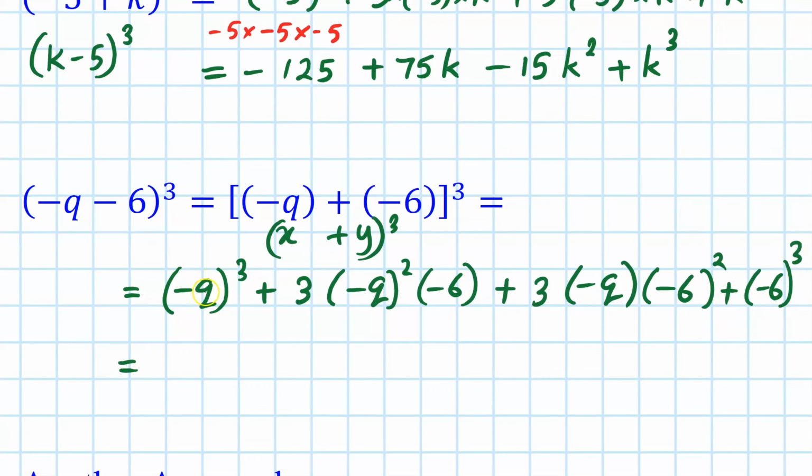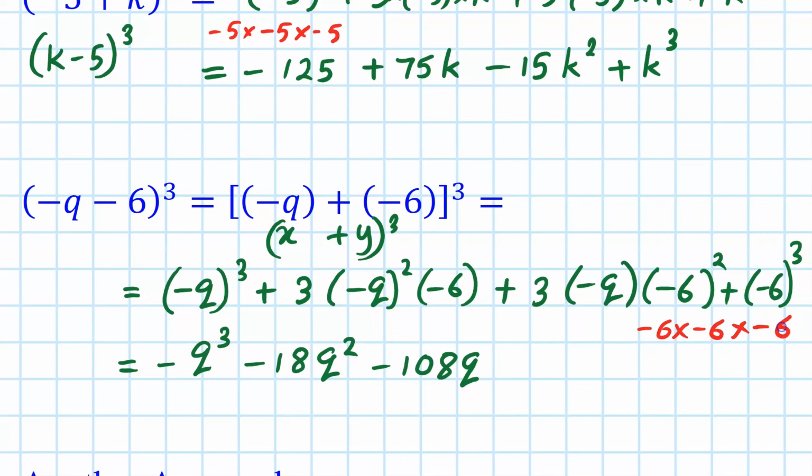Now we are going to look at the answer. Negative q, when it is cubed, the answer becomes negative, then -q cubed. (-q) squared is positive q squared, but -6 times 3, -18q squared, and here we have (-6) squared, which is 36. 36 times 3 is 108, but negative with that, so -108q. (-6) cubed, you multiply -6 by itself 3 times. -6 times -6 is positive 36, and times -6.